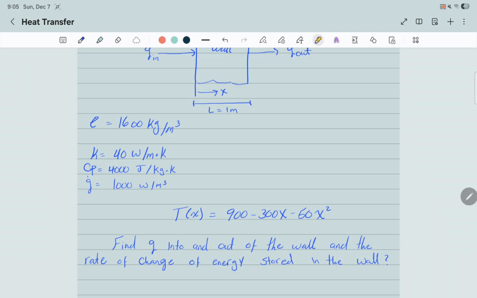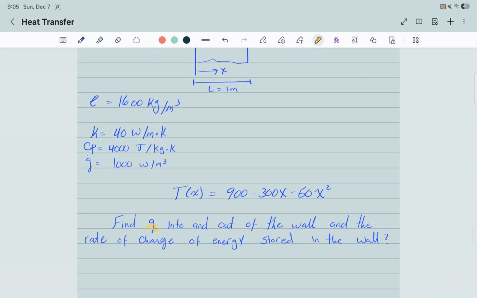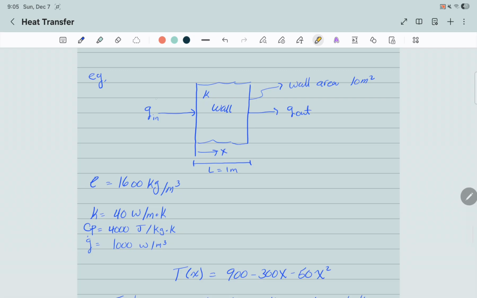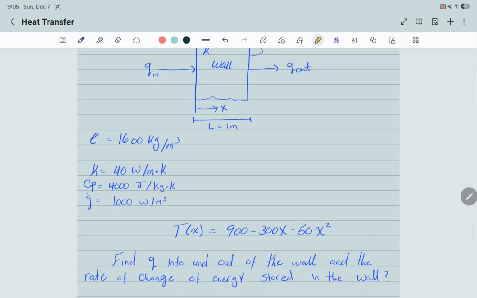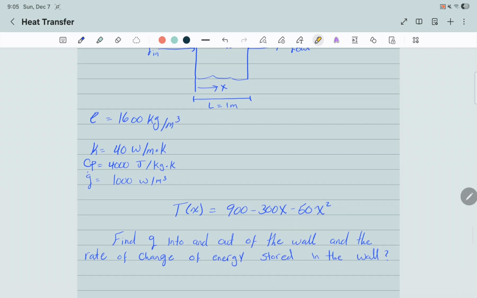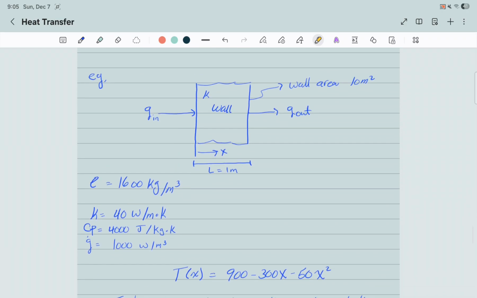But yeah, as I was saying, we're given the temperature distribution throughout the wall as a function of x. We're asked to find the heat flowing in and out, so the Q in and the Q out. We're also asked to find how much energy is being stored inside the wall.